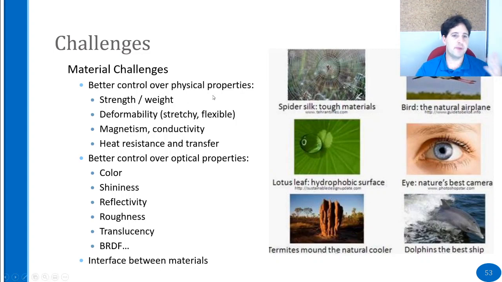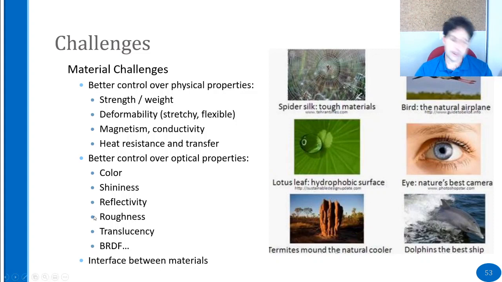We want better control over physical properties: stronger materials, lighter materials, more stretchable materials, materials that have specific magnetism or connectivity properties. This is almost untapped. Heat transfer, heat resistance, all of these are still very limited when talking about the variety of materials that you can 3D print with nowadays.